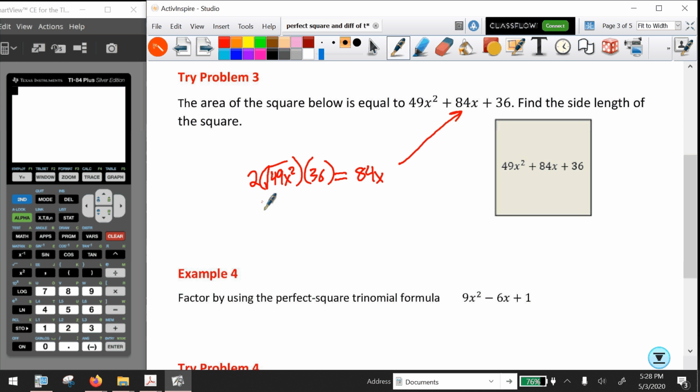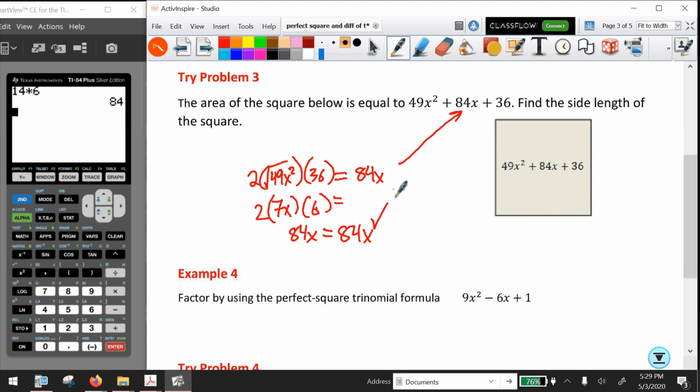The square root of 49x squared is 7x. The square root of 36 is 6. 2 times 7x is 14x, multiplied by 6, 14 times 6 is 84. It is. So this is 84x, and that's what we have on the other side. So it checks out. This is a perfect square trinomial.